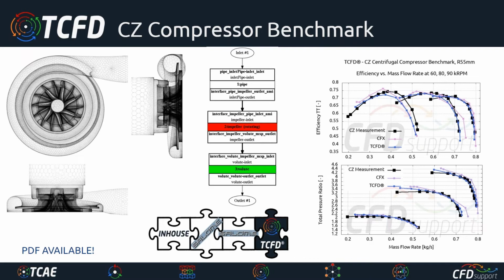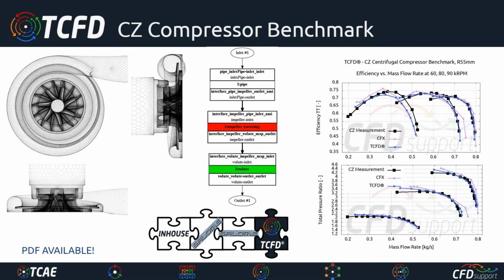Below you can see the workflow scheme again. The original geometry was designed in a CZ in-house code. Then the model was cleaned in Salome. In this specific case, we also created the simulation mesh in Salome, and the simulation was performed in TCFD.